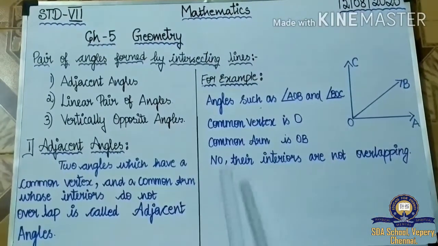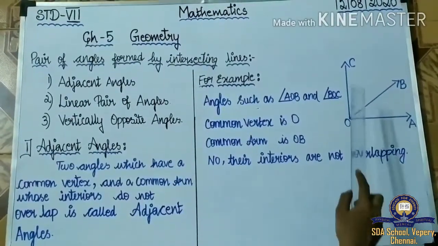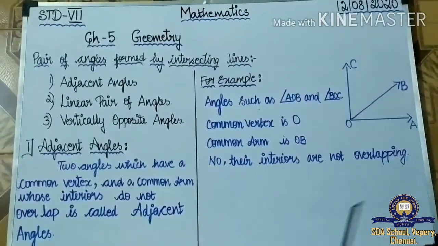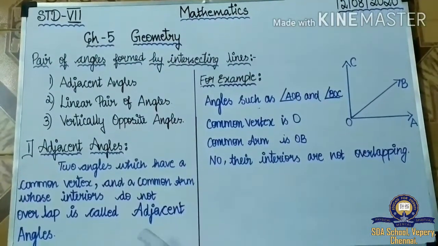And next step, see here, are the interiors of AOB and BOC overlapping? No, their interiors are not overlapping.